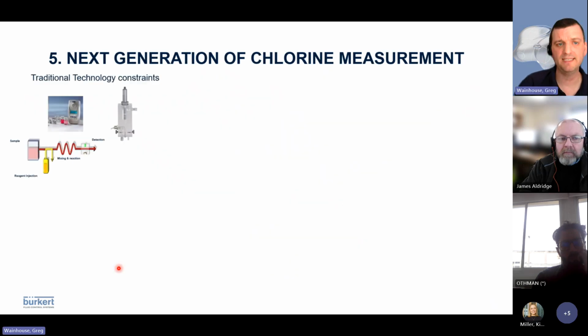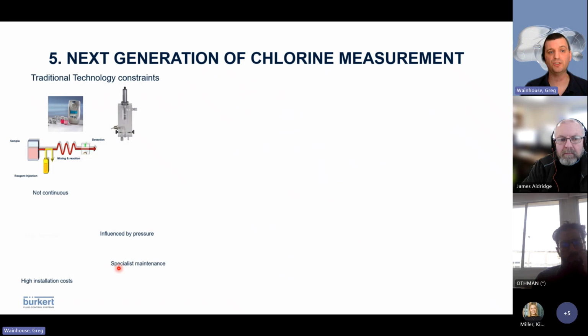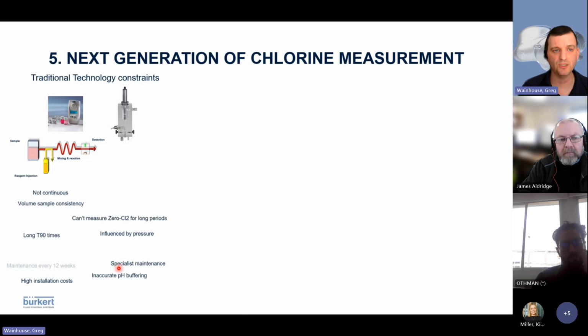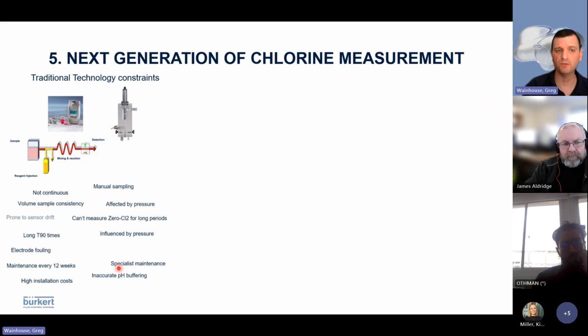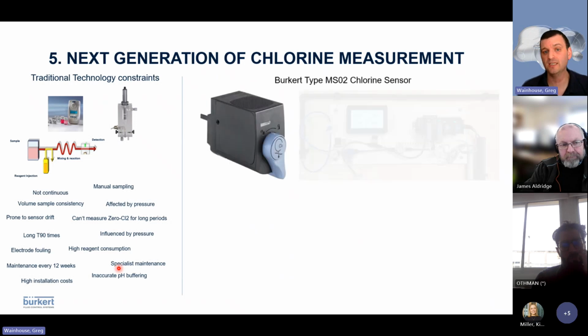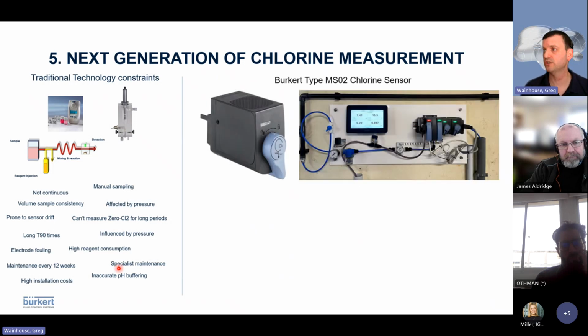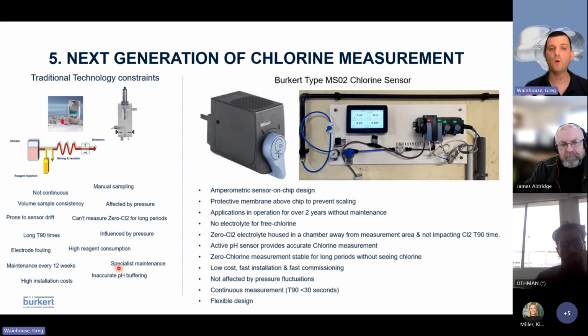So when we consider the traditional technology constraints that we looked at a few moments ago, with all the traditional amperometric probe, the reagent, the handheld units, our solution actually addresses a lot of those traditional problems. Now, our chip is an amperometric sensor like we have with the amperometric probe, but the difference is that we're not exposing the electrodes to the media.